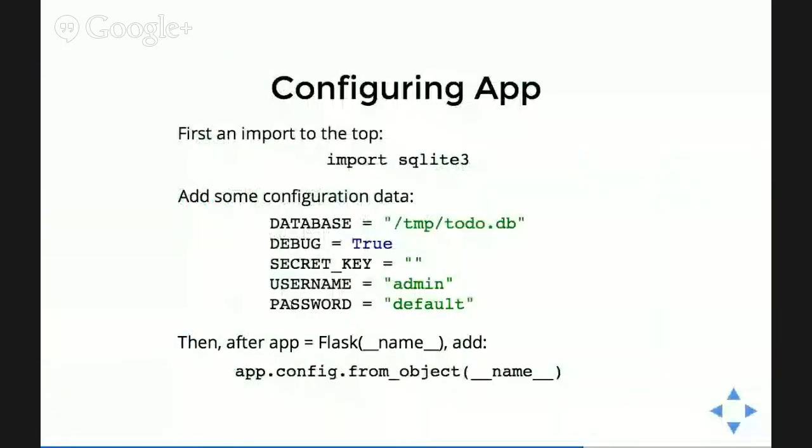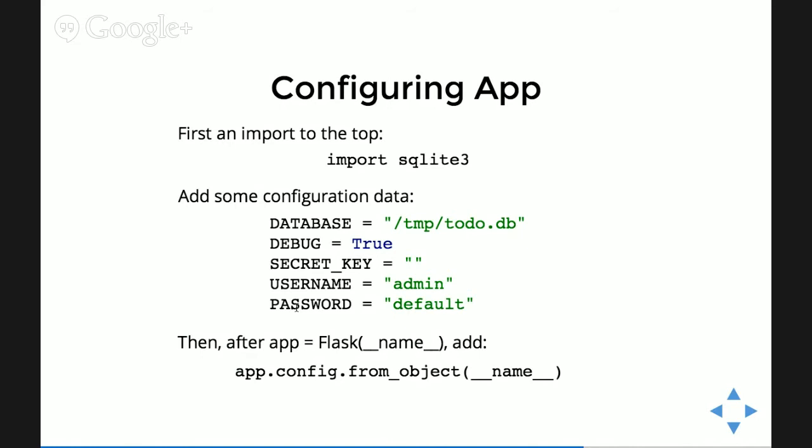Make sure you import SQLite 3 before app equals Flask, and also before app equals Flask, add some configuration information. The variable name must be in all caps, because this is how Flask knows it's a configuration variable.